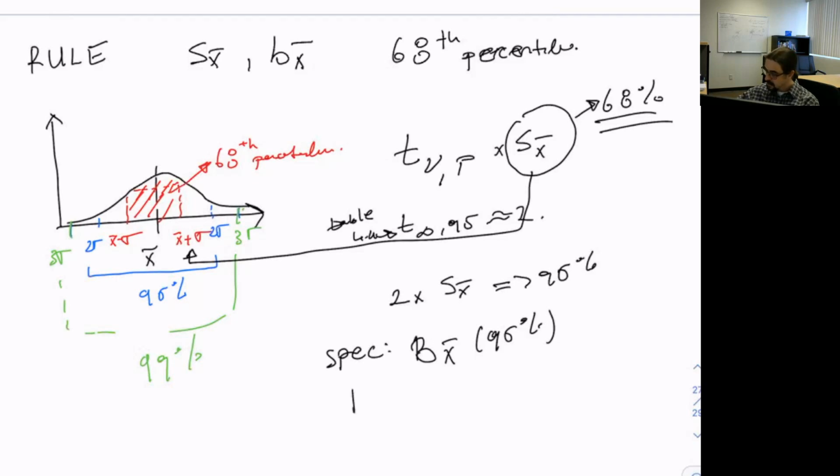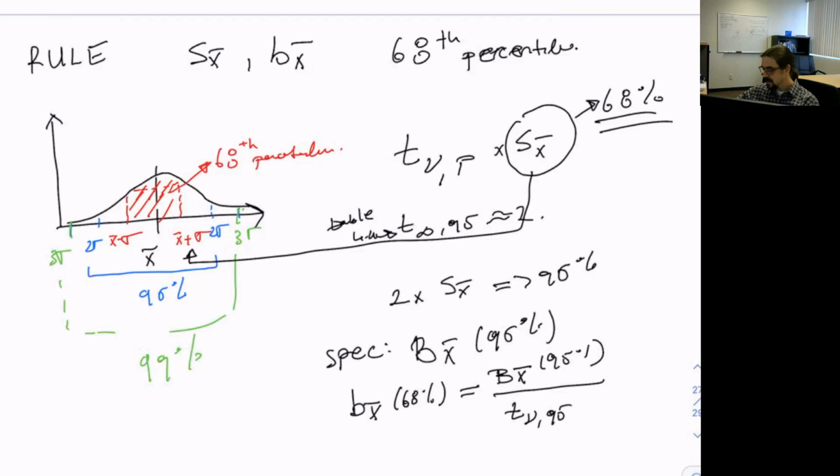So in other words, the Bx bar at the 68 percentile is equal to the Bx bar given at the 95 percentile, divided by the t value of that degrees of freedom at the 95 percentile.